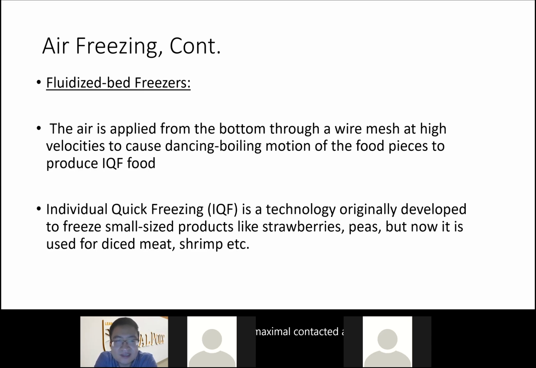In this case, we can cool down the food product in several seconds. This is what we call individual quick freezing technology, abbreviated IQF, though sometimes we use the full name. It's used for small size food products like strawberries and peas.